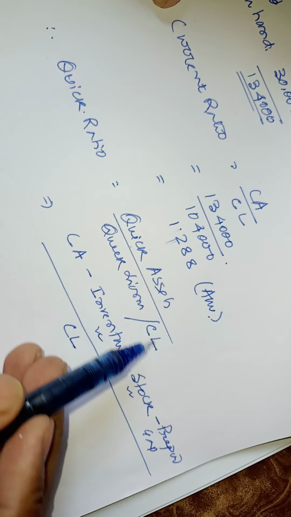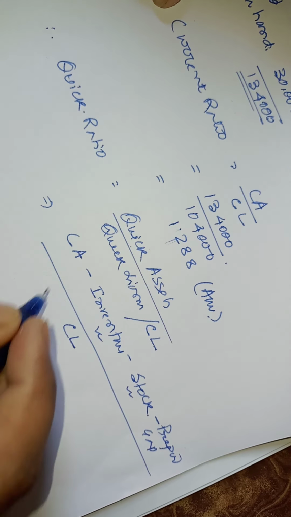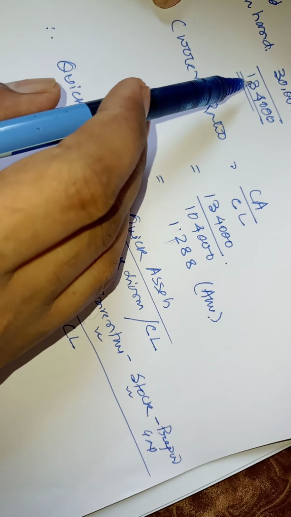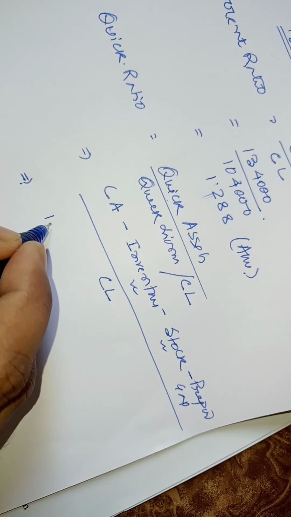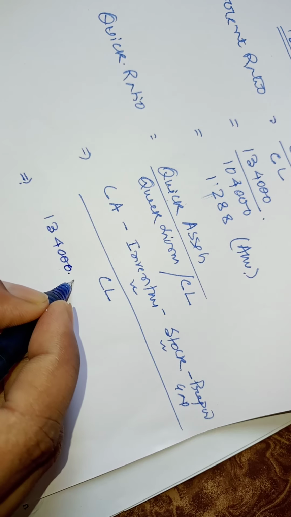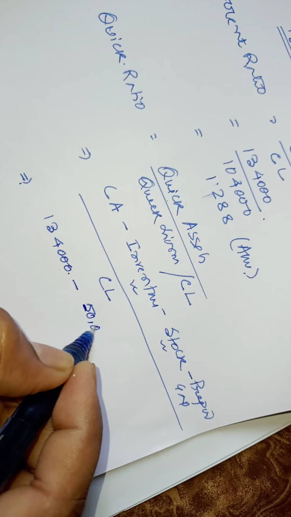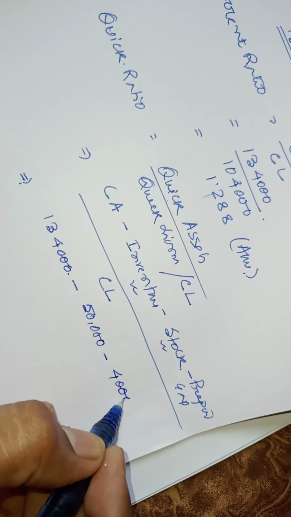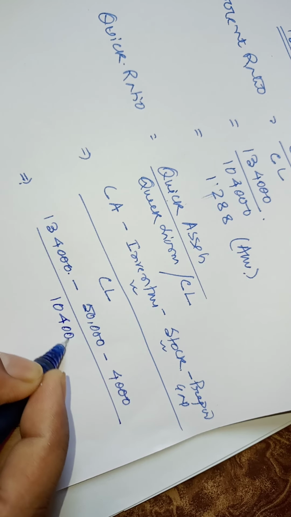Sometimes from the quick liabilities, bank overdraft will be deducted, but here we do not deduct any bank overdraft from the current liabilities. So our current assets are 1,34,000, minus the value of inventories or stock, 50,000, and the advance, 4,000, divided by the total current liabilities, 1,04,000.